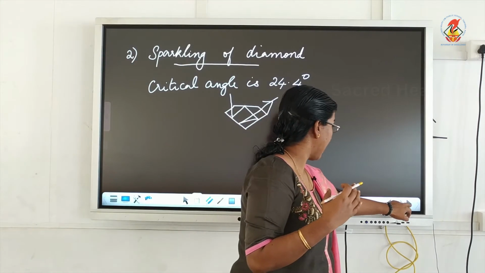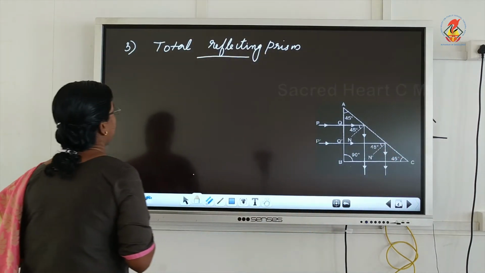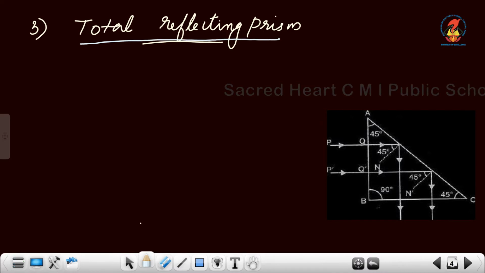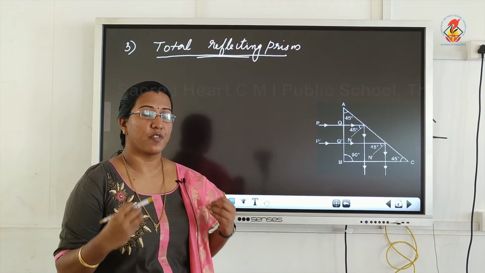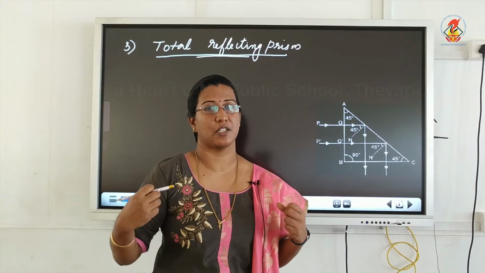Now the third application of TIR is the total reflecting prism. From the name itself it is clear, a prism which reflects totally the light which enters into it.